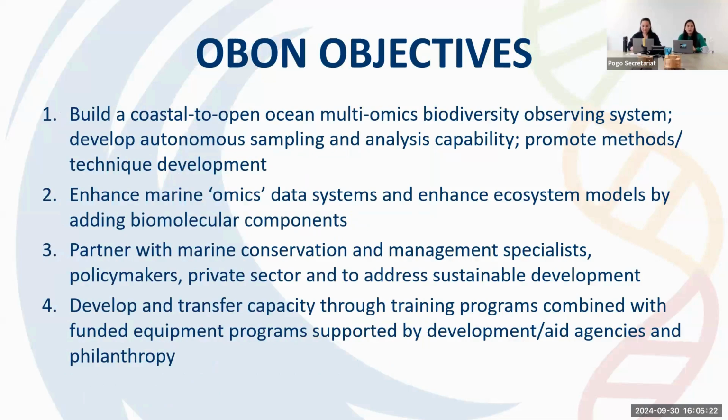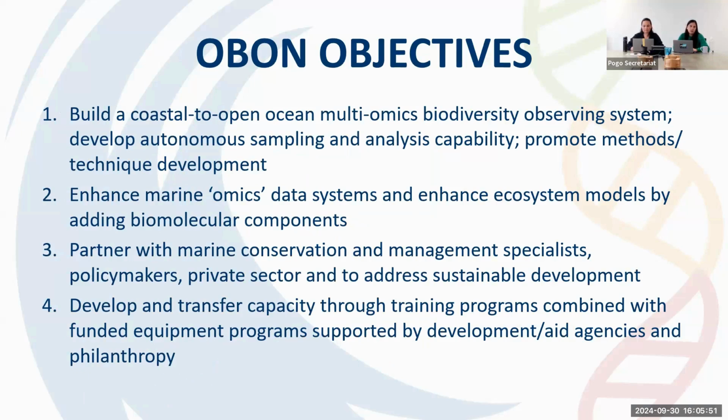We have four main objectives. These are quite detailed, but basically number one is to build a coastal to open ocean multi-omics biodiversity observing system through the development of autonomous sampling and also promoting methods and technique development. Second objective is to enhance marine omics data systems and enhance ecosystem models.